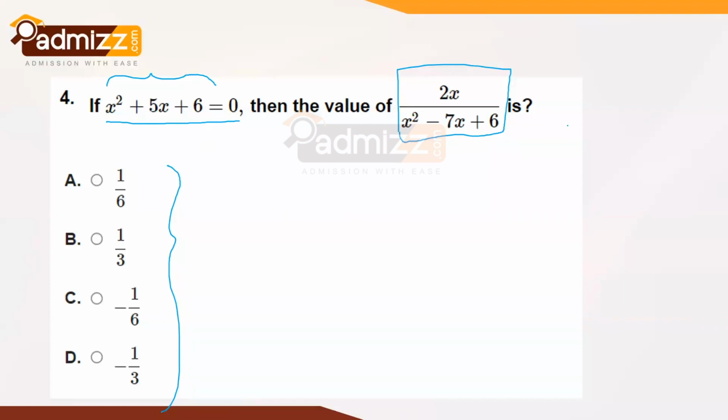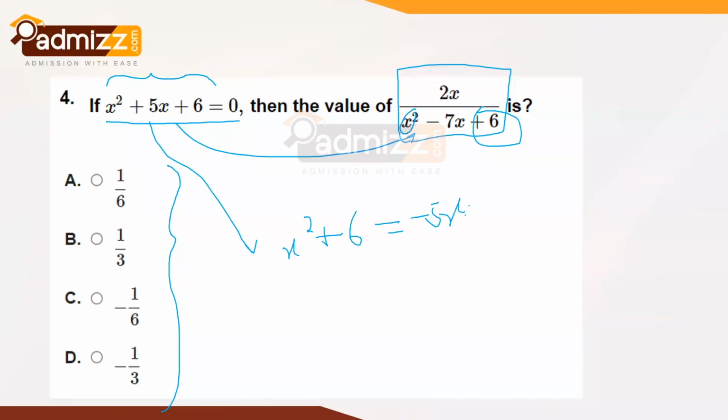Notice how both of these equations, this one and the denominator here, have got x squared plus 6, right? So from this equation, we do x squared plus 6 is equal to minus 5x.